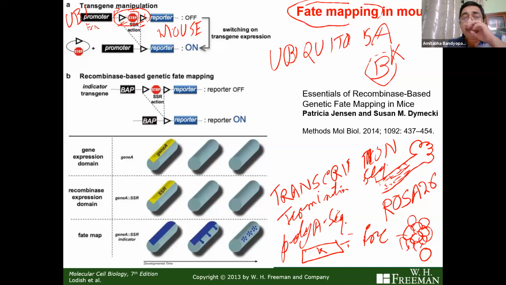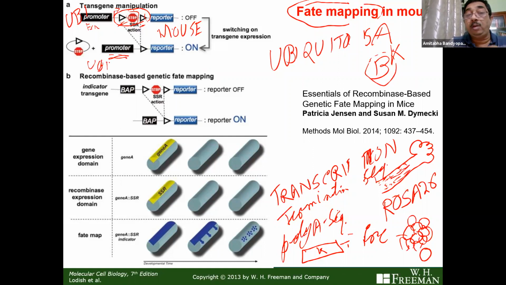So only in B cells, this stop cassette will recombine and be floxed out. Now the reporter is under the influence of the promoter, and transcription can actually happen because the transcription stop cassette is removed. And no matter what happens to B cells, it will continue to be expressed. Why? Because this promoter enhancer is ubiquitous in nature.